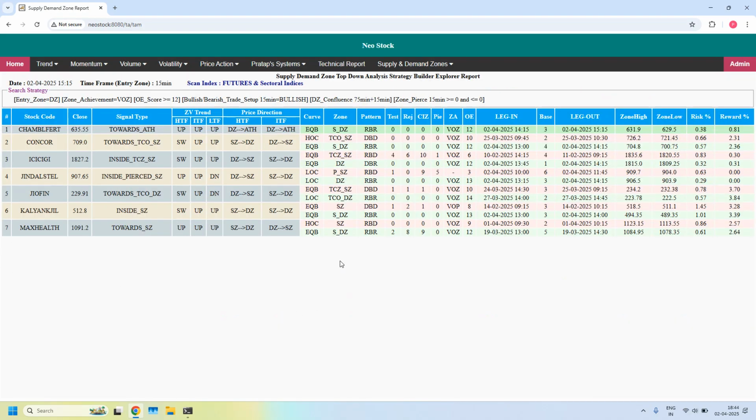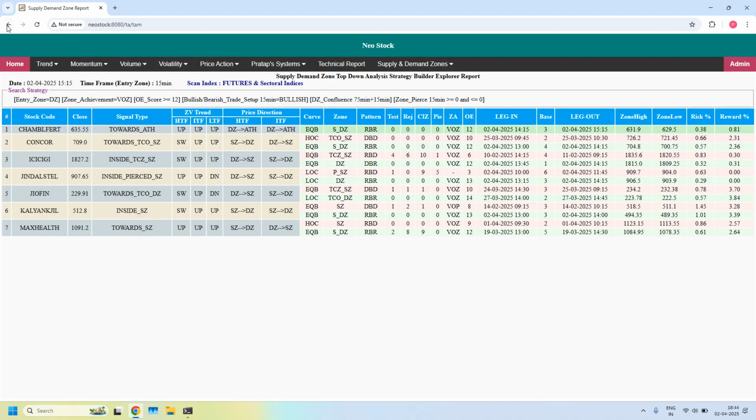In all the 7 stocks, these 15-minute demand zones are overlapped with 75-minute demand zones, and the 75-minute trend is uptrend in all these stocks. If any of the 75-minute demand zones have daily EMA confluence, then the 15-minute demand zones, because they are part of the 75-minute demand zone, might have an even higher probability of success.